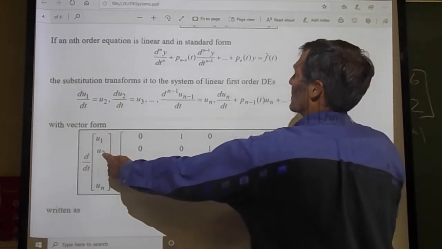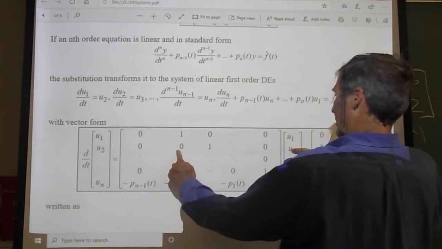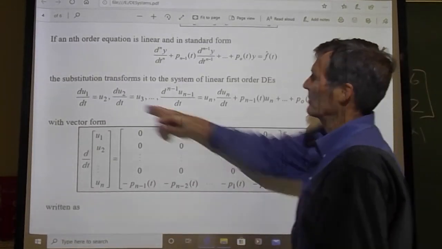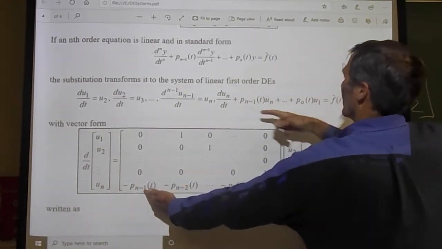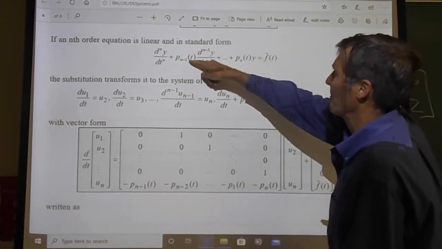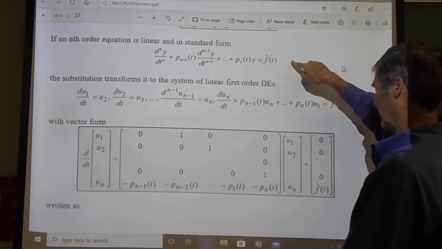du2/dt is supposed to equal u3, right? Well, it's equal to 0 plus u3 plus 0, 0, 0. And so all these equations are expressing these, and then the last one says dun/dt equals, well, you drop these things over on the side. You've got minus p(n-1) times the (n-1)st derivative, which was un.